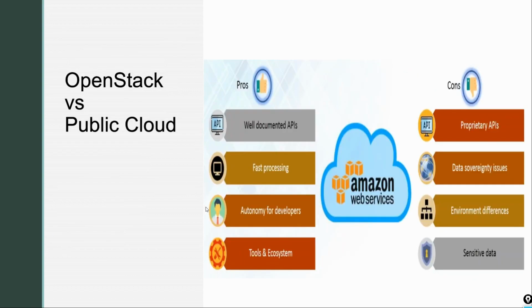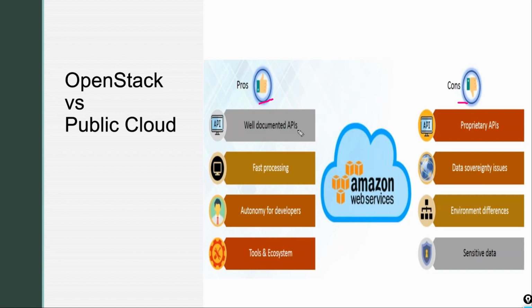The last thing before jumping into OpenStack is reviewing the pros and cons of a public cloud. The most famous one is AWS, Amazon. It is needless to say that everything has its own pros and cons. So, what are the pros?